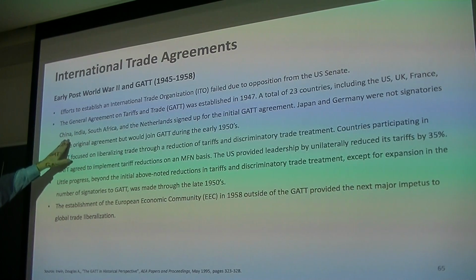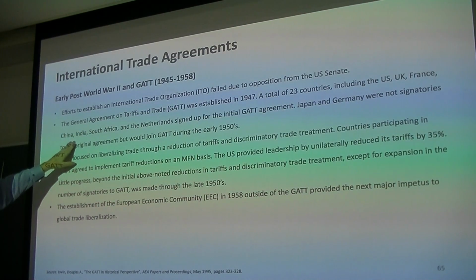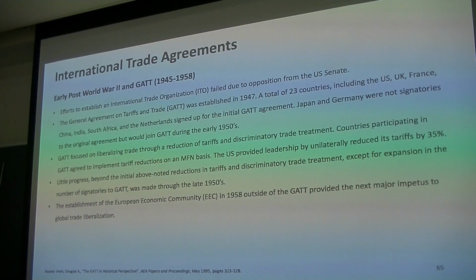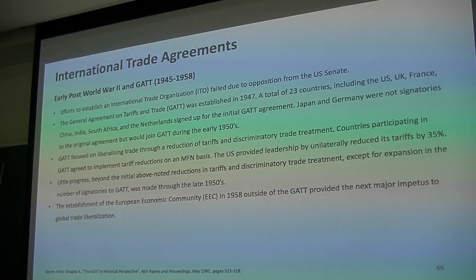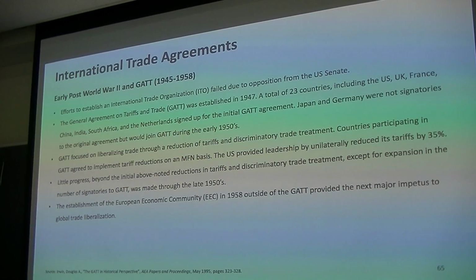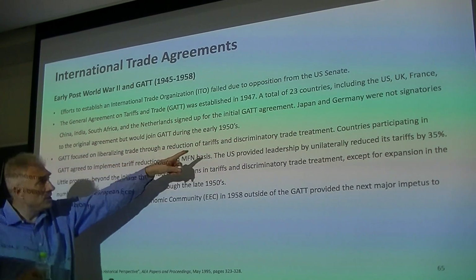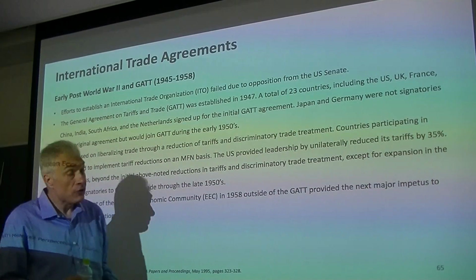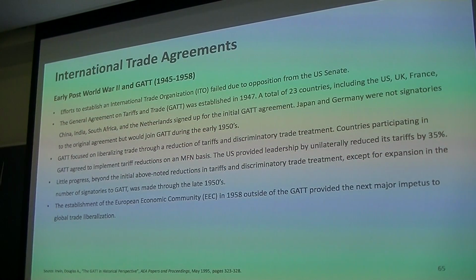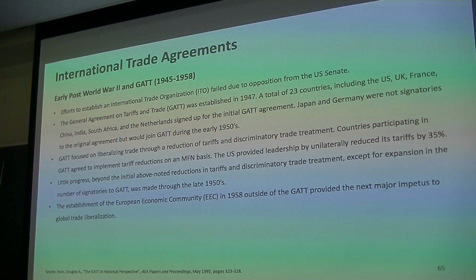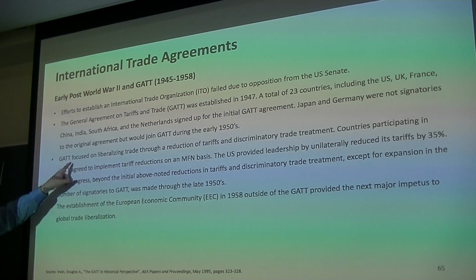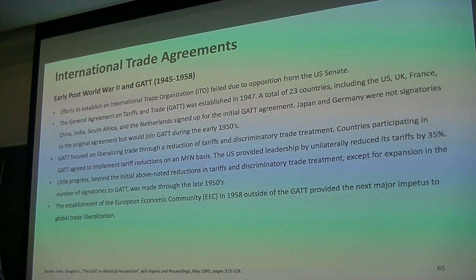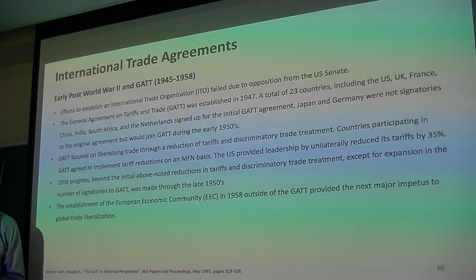23 countries were the initial agreement, which did not at the time include Japan and Germany. They were still in the early post-war. The defeated countries were recovering from the war, but they were included. They joined during the early 1950s. GATT focused on liberalizing trade through a reduction of tariffs and discriminatory trade treatment.